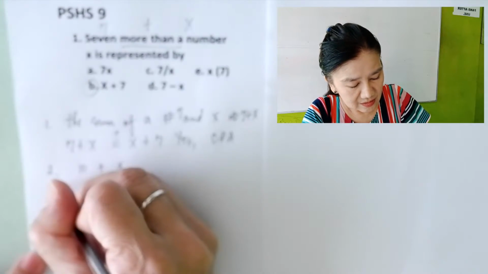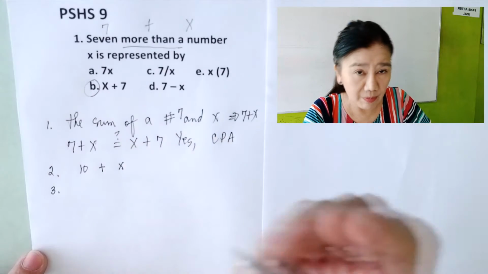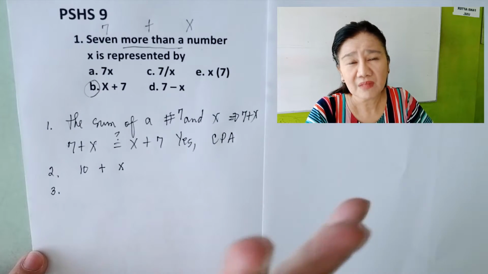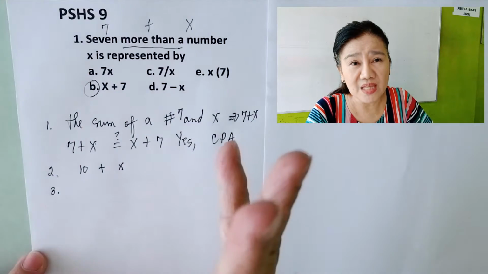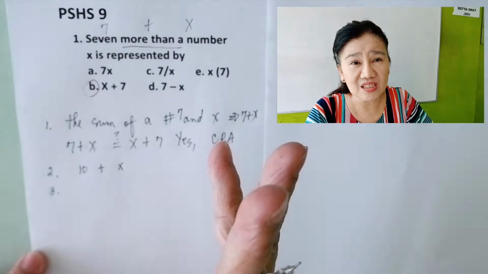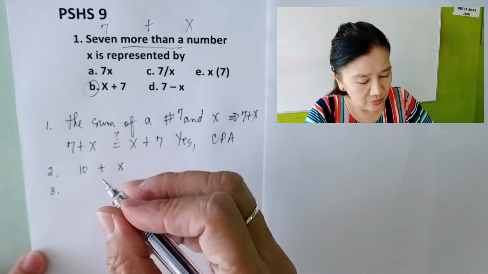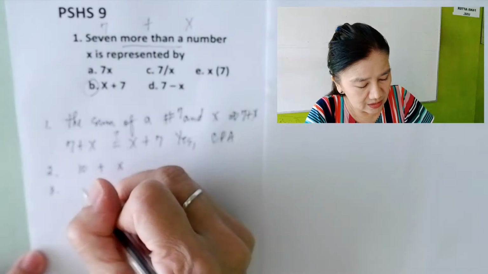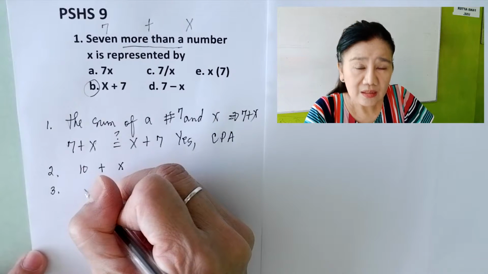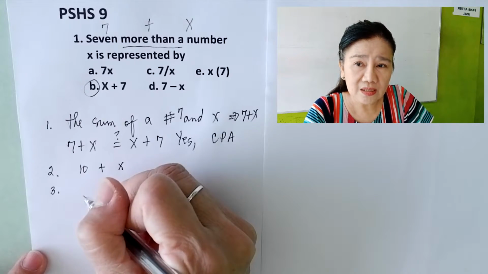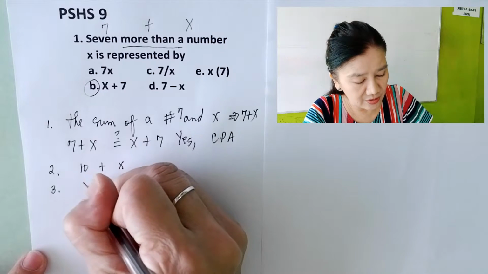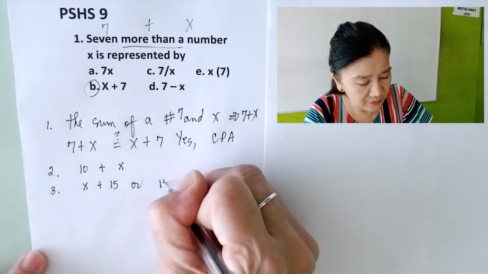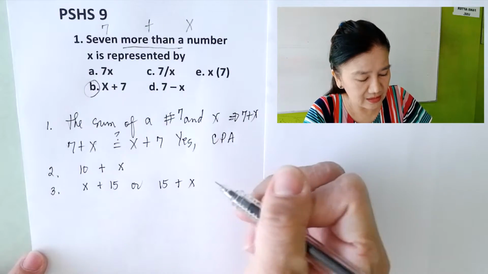We can also have the usual plus, but plus is usually not asked in a test because it is very easy. Let's say a number x plus 15. So you're going to have x plus 15 or 15 plus x.